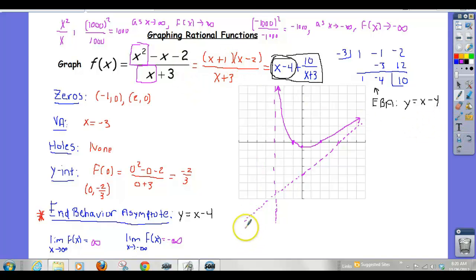Okay, turns out it's doing this. And so there you have it. There is a rational function with what we call a slant asymptote. A slant asymptote. Okay, so in this whole video, I think that's the real new piece to you, is that we have to do synthetic division to figure out what that asymptote is.